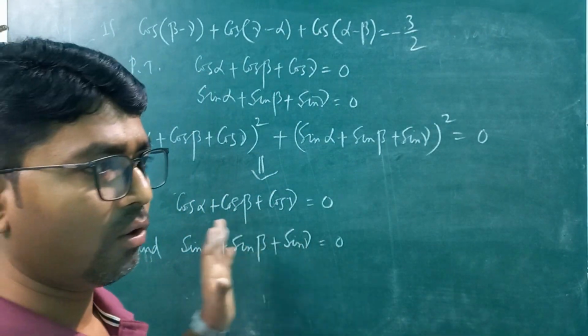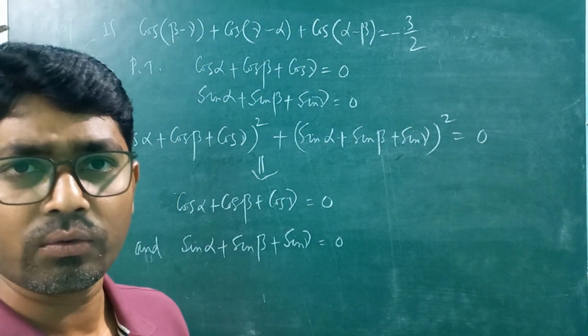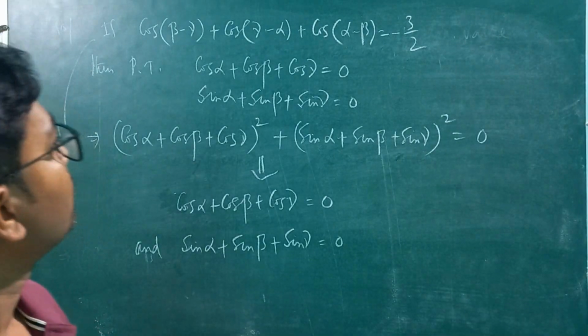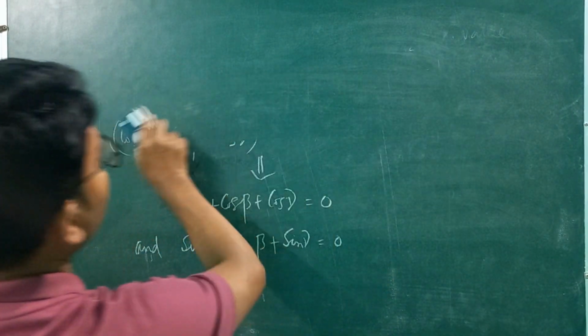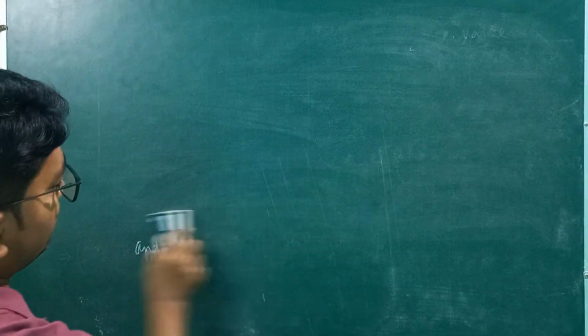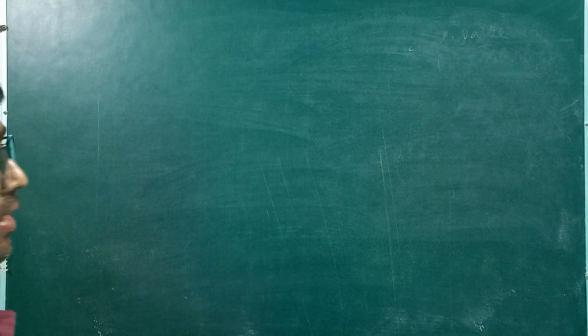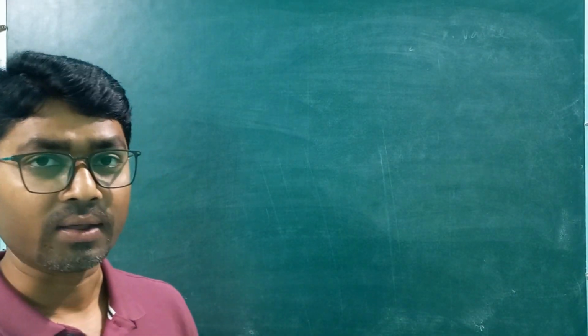So practice all the problems. There are many other problems also, but these are some important and tricky problems which we can deal with using some techniques. So keep learning, take it easy, don't panic in trigonometry. Trigonometry is very interesting if you understand it.